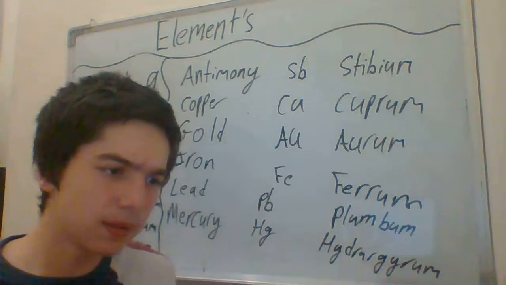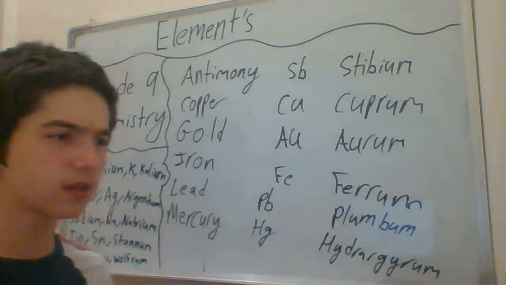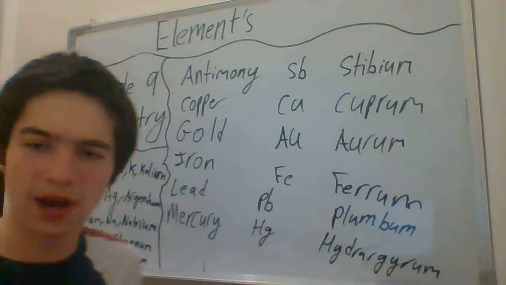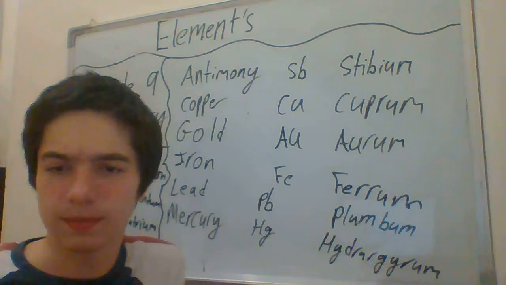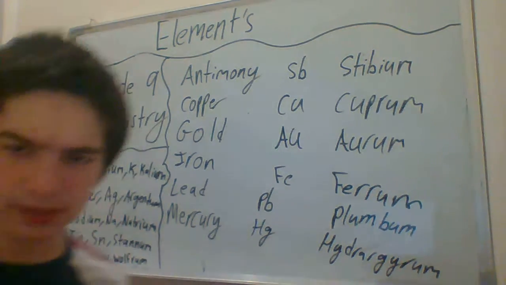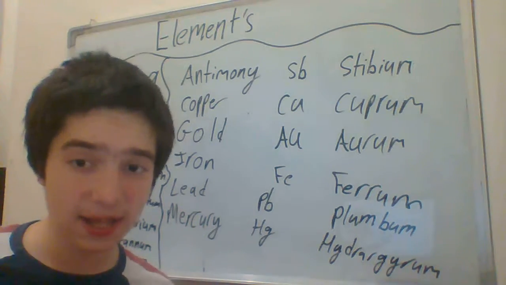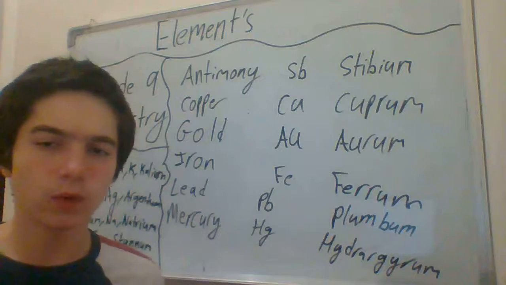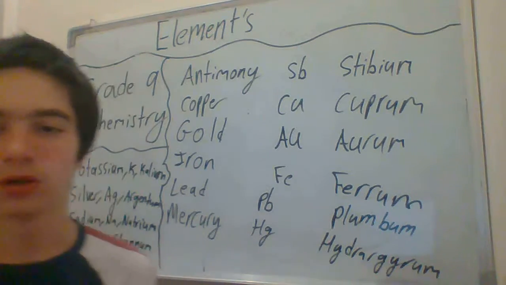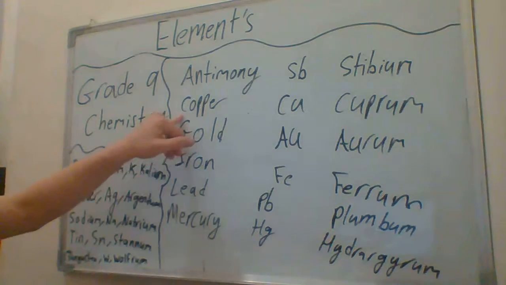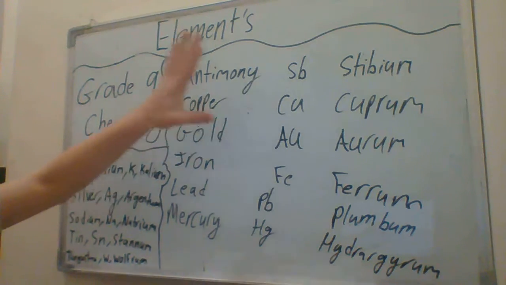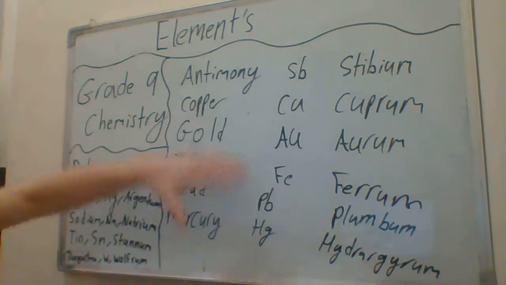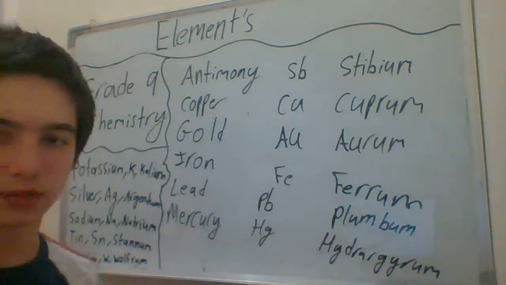You can think of the chemical symbol as the identity of the element, because if you say Sb, you will know that that's antimony. It's always Sb. What about copper? Cu. As you can see here, copper is Cu. Now we'll talk about the new names and the chemical symbols, then we're going to talk about their old names.